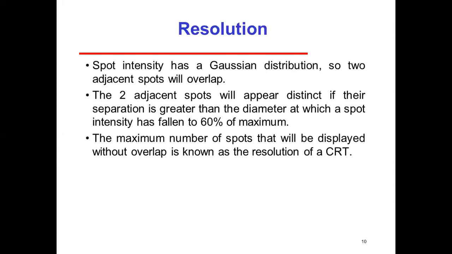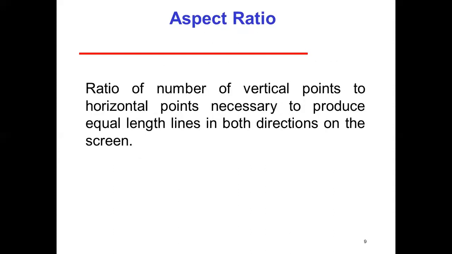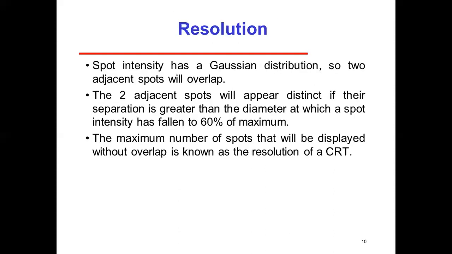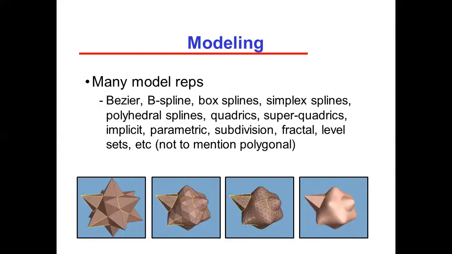So a screen contains a number of dots, meaning a number of pixels. So per square inch, how many dots? 90,000 dots per square inch makes resolution better, gives good pixels, gives clarity of the image. So whenever we are going to choose the monitor, we always concentrate on the aspect ratio and the resolution. The maximum number of spots that will be displayed without overlap is known as the resolution of the CRT. In case of the CRT, we can define it like that.